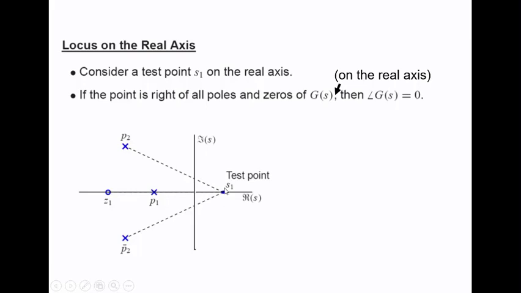This is our general rule: if the point is located to the right of all zeros and poles, then the angle of G(s) is equal to 0. This means that the point is not on the root locus, because the angle should be equal to 180 degrees. Since it is not, we say that this S1 is not located on the root locus.